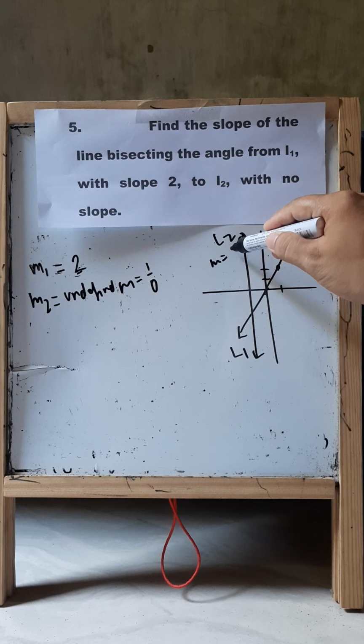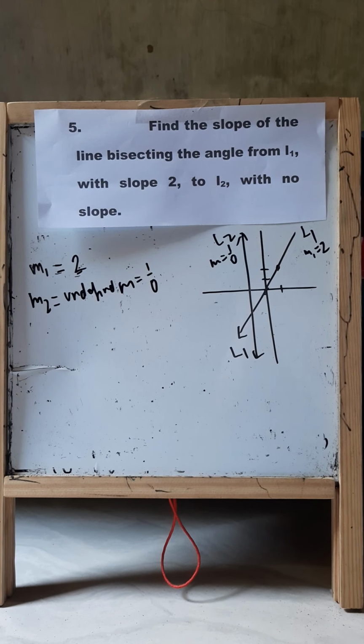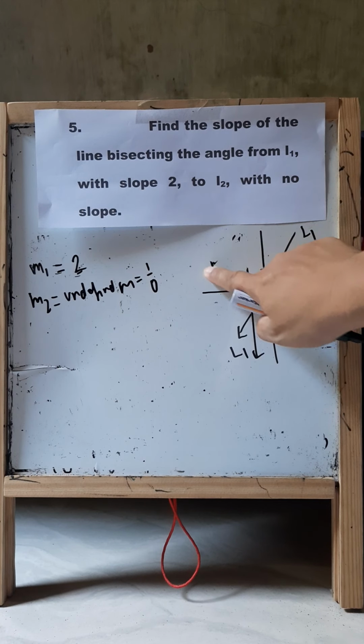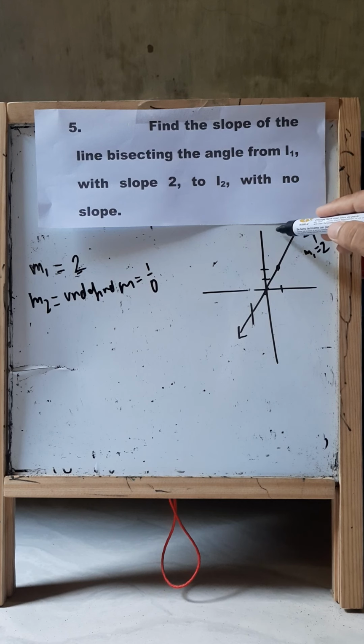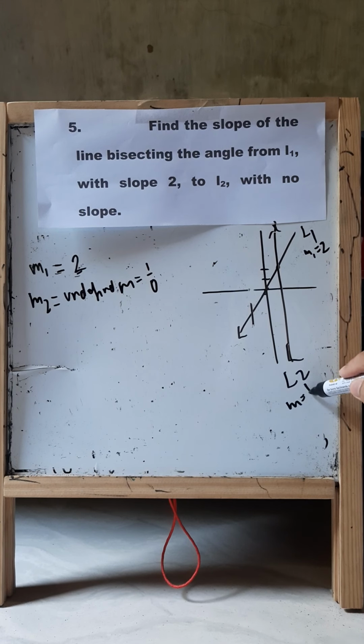Slope is undefined, say 1 over 0. For line 2, slope is undefined, so we have 1 over 0.